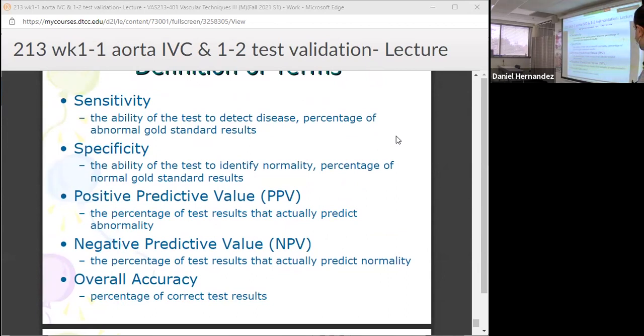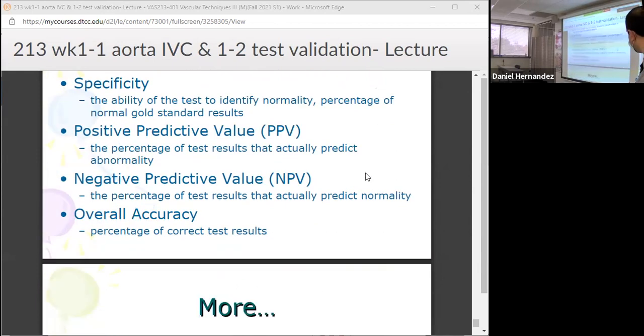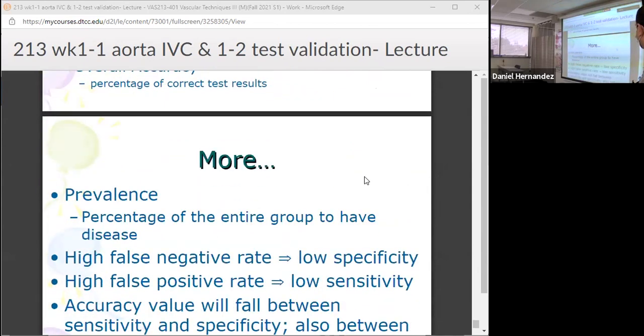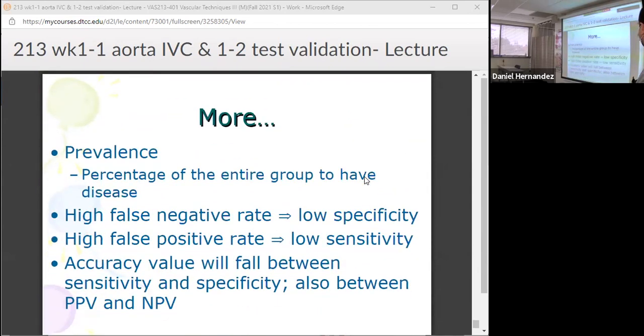This is the percentage of correct test results. Prevalence is the percentage of the entire group to have a disease. So how prevalent is that disease? We're able to calculate the percentage of the entire group that actually has a particular disease.